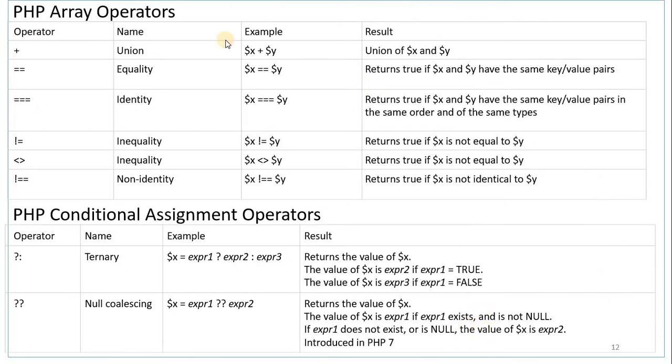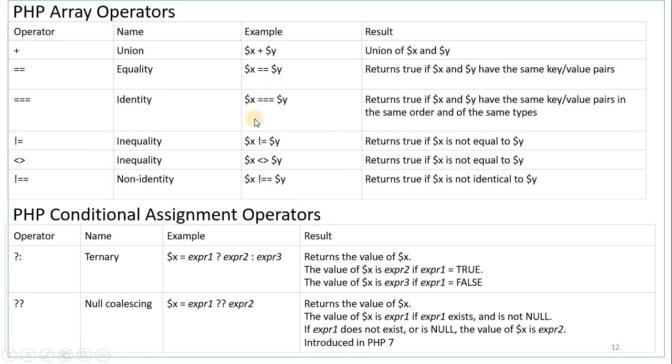Next is PHP array operators. The first one is the union operator, that is the plus operator, which combines the values of $x and $y. The equality operator returns true if array x and array y have the same key value pairs.